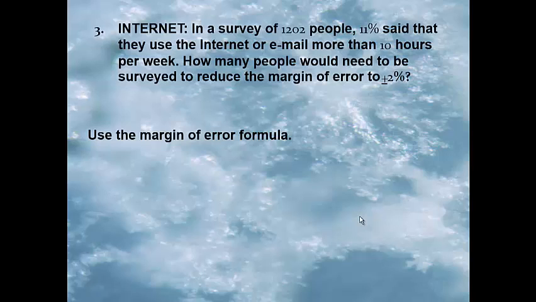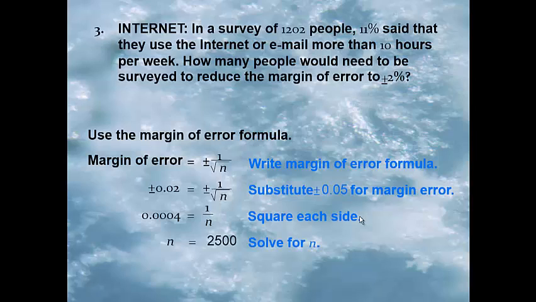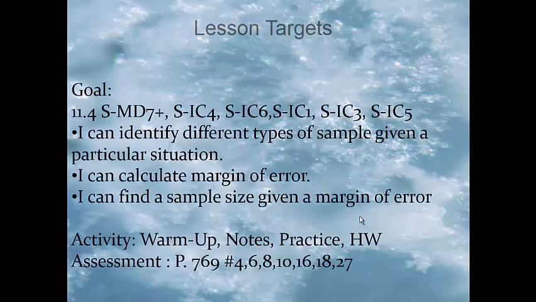Now for part B, you use the margin of error formula again, write it down, and substitute 0.02 for the margin of error. So 0.02 equals plus or minus 1 over square root of n. You square both sides to get rid of the square root of n, and solve for n. You get 2,500. So 2,500 people need to be surveyed.